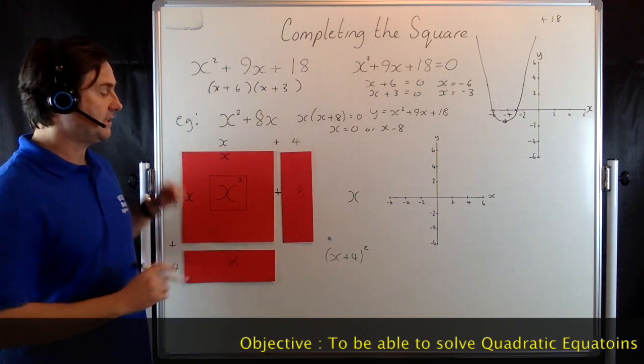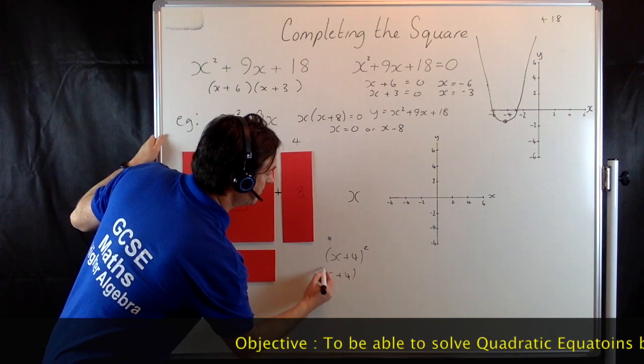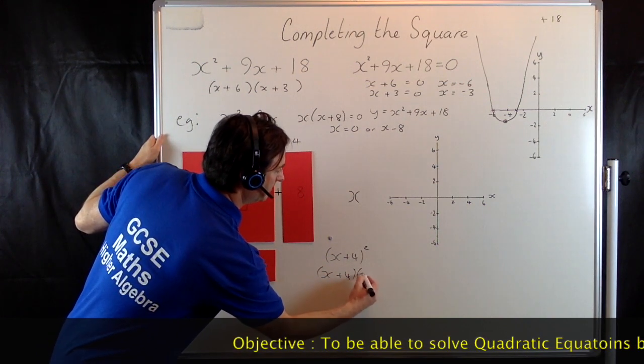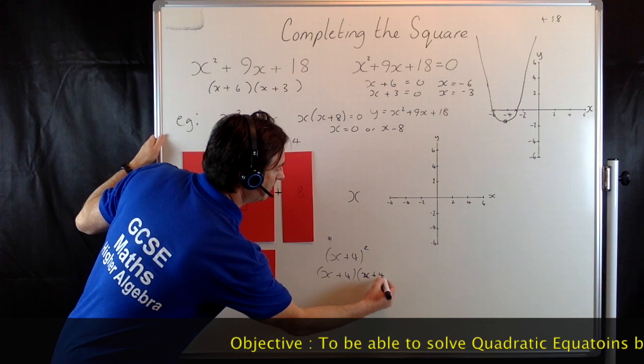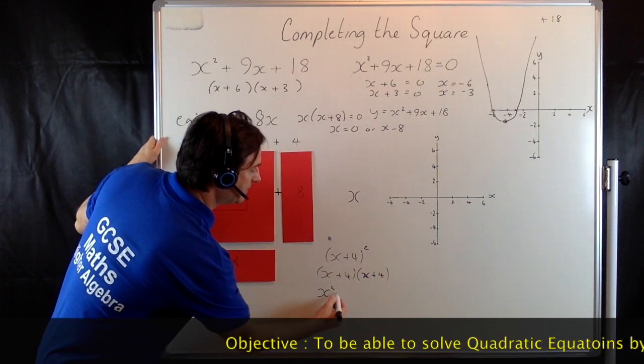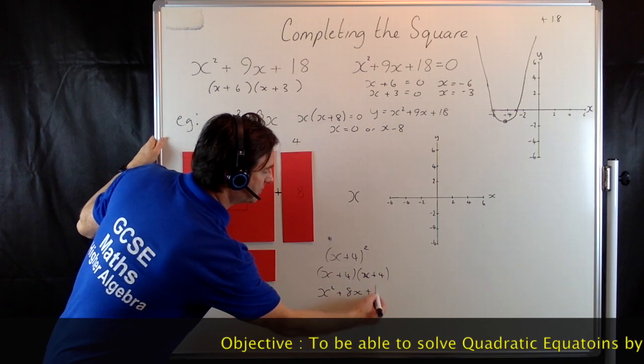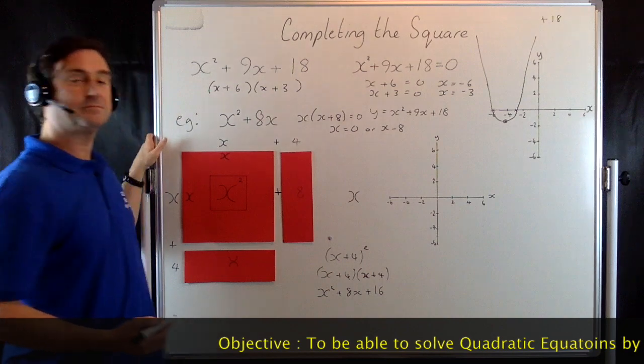So I'm going to multiply this out. If I write this in its double bracket format and expand that, I'm going to get x squared plus 8x plus 16.